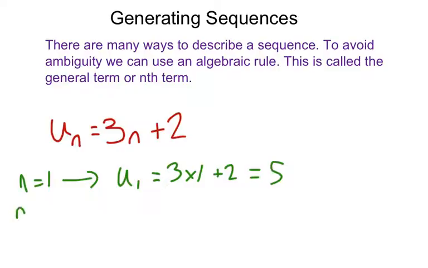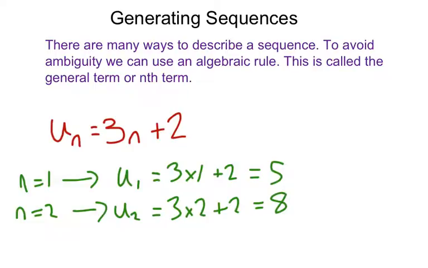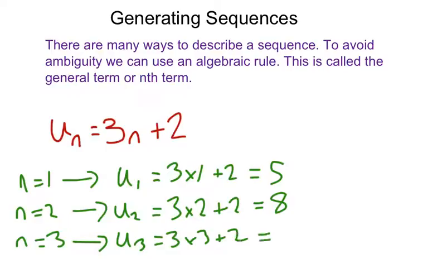If we wanted the second term, we do n equals 2, and that gives us u2, which is 3 times 2 plus 2, which is equal to 8. If we wanted the third term, we do n equals 3, which gives us u3, which is 3 times 3 plus 2, which gives us 11.